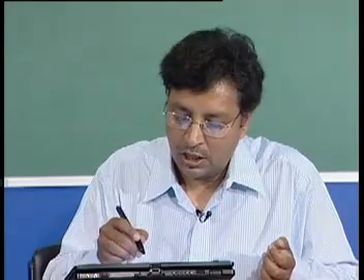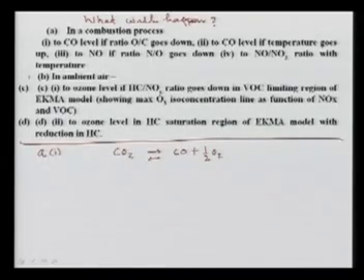If the O by C ratio is going down, it means my oxygen content is becoming less and less. Then the combustion will not be complete, so my carbon monoxide will go up, will rise. Let me do it once again so that there is no confusion about this.